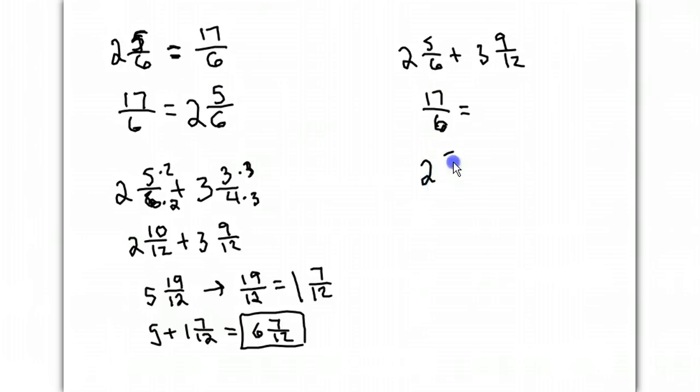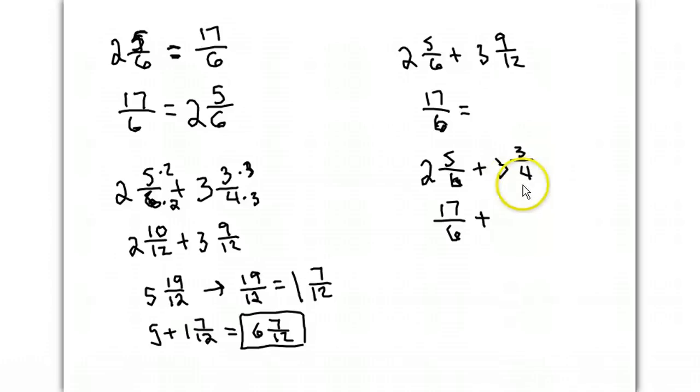This is 2 and 5 over 6 plus 3 and 3 over 4. It's looking at another problem. So 2 and 5 over 6 converts to 17 over 6. 3 and 3 over 4, you multiply 3 times 4 and that gets you 12. And you add it to 3, so that will give you 15 over 4.